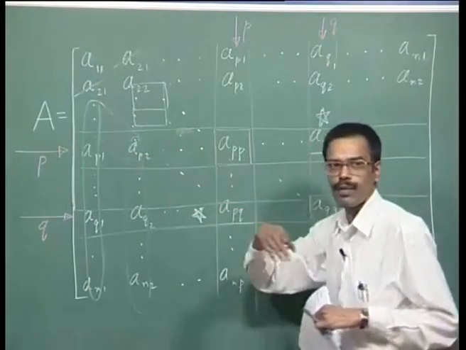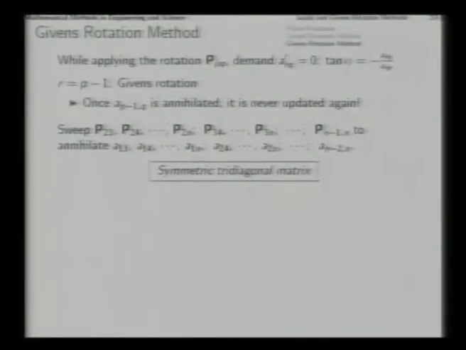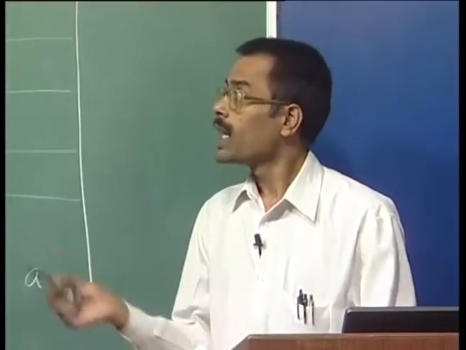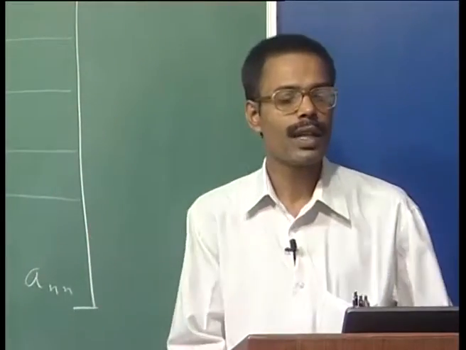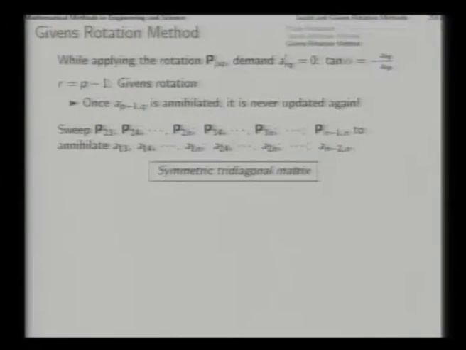So at the end of a Given's rotation sweep, which is P23 to P2n, P34 to P3n, and finally P(n-1)n at this end, you will get all these zeros, because the old zeros will not be updated in the new Given's rotations, and the result of this whole thing is a symmetric tridiagonal matrix.